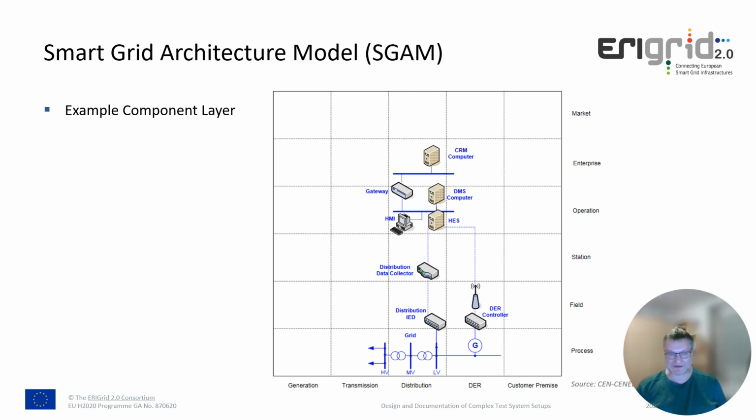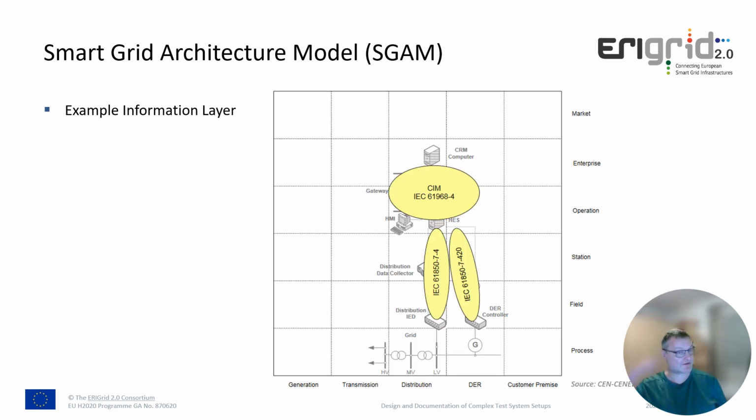And all of them need to communicate, so therefore it's important to specify the communication at the information layer. On the information layer, mainly the data models are being described. In this case, we use IEC 61850-7-4 for the IEDs and 7-420 for the DR controller. And for the more grid-related description, we have the CIM, the distribution CIM.